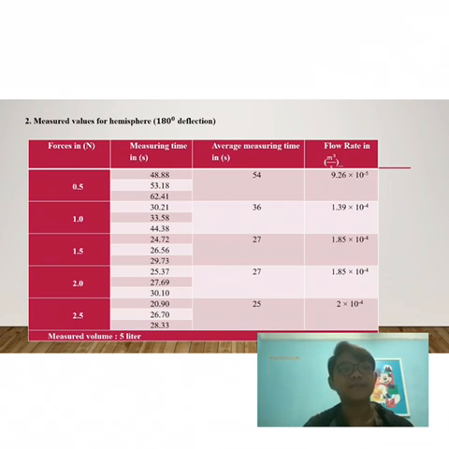Same like the flat plate, the data given for measuring time is 3 values, and to get the average measuring time in seconds, we must add the 3 values given and divide by 3. Same for flow rate, we must calculate in meter cube per second, so we must convert the measured volume given, liter, to meter cube.